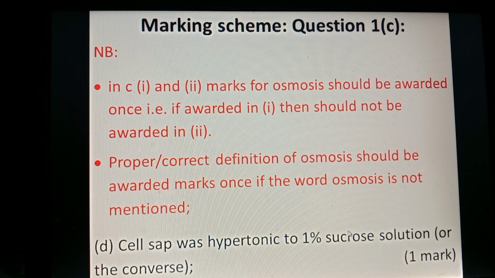A proper or correct definition of osmosis should be awarded marks once, if the word osmosis is not mentioned. Cell sap was hypotonic to 1% sucrose solution, or the converse, that 1% sucrose solution was hypotonic to cell sap. That is the response of D, which was 1 mark.